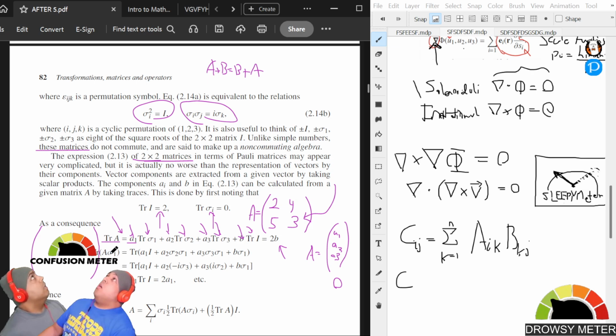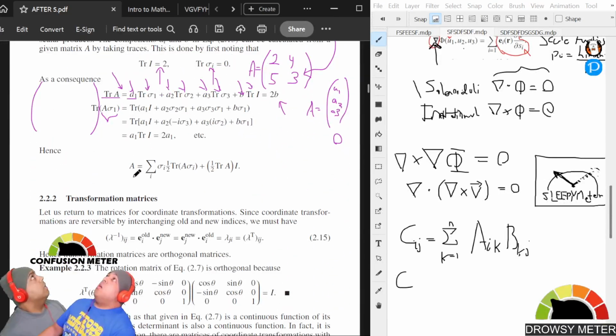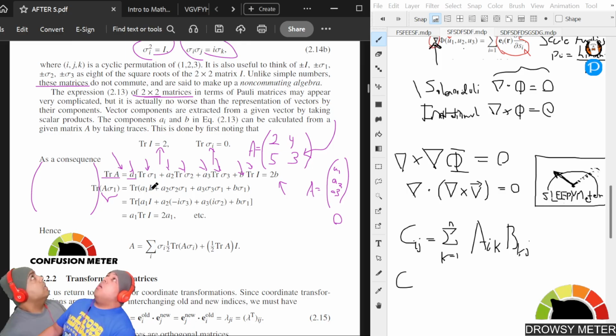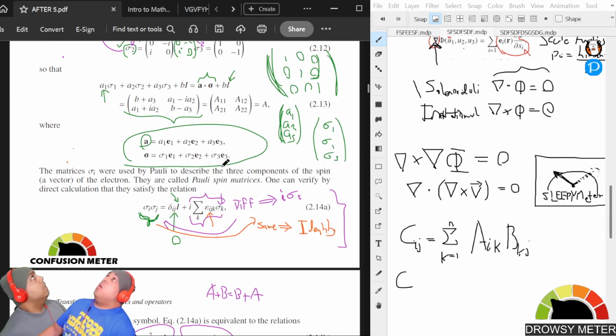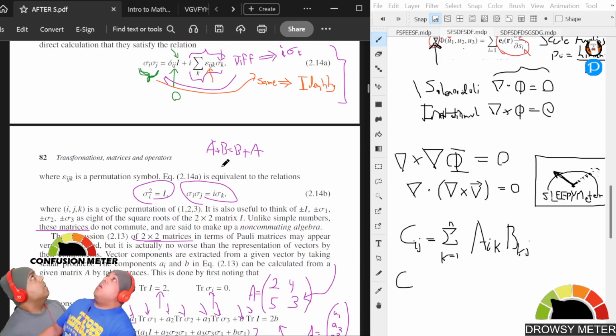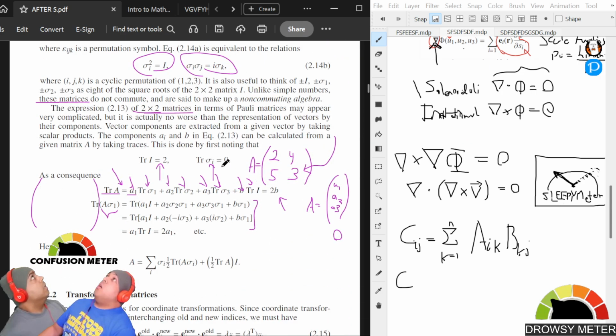Trace of A, trace of the product of A and sigma 1. Sigma 1 is, oh my god. Where do we get these from? Trace of A sigma 1 equals trace of A1 I plus A2 sigma.